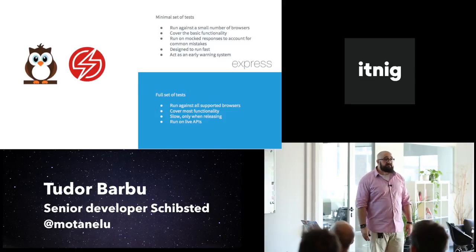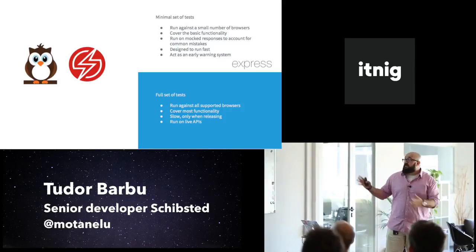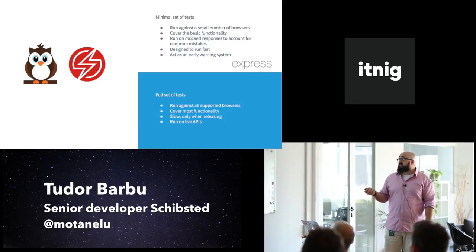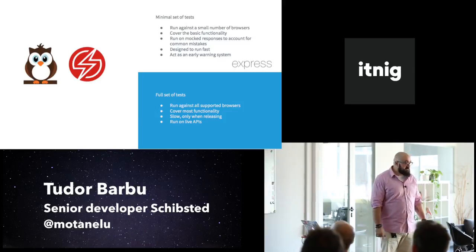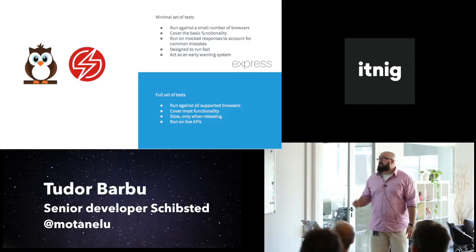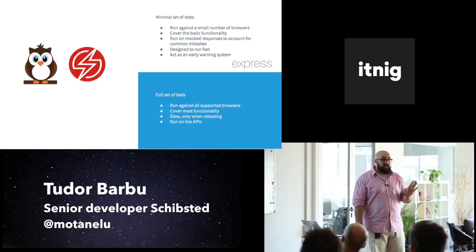For example, what happens if you get a message that's like 3,000 characters, no spaces, or if the guy's name is 20 letters or something. So we can mock for this kind of edge cases, and this is designed to run fast, around 10 minutes tops, and acts like an early warning system. So if I develop something and I run this set of tests, it should tell me, dude, you broke some core functionality, you need to go back.